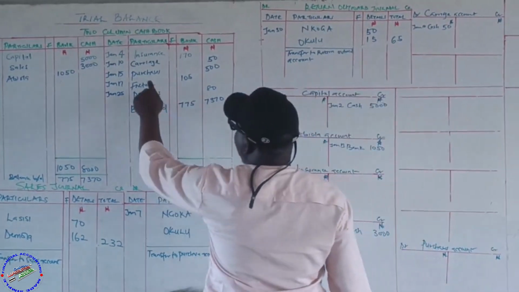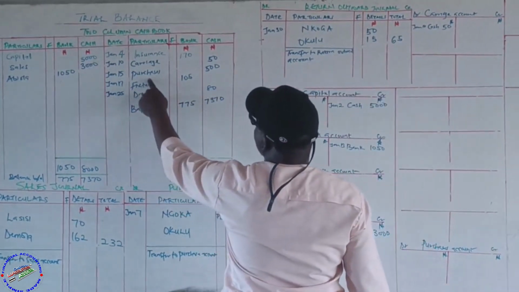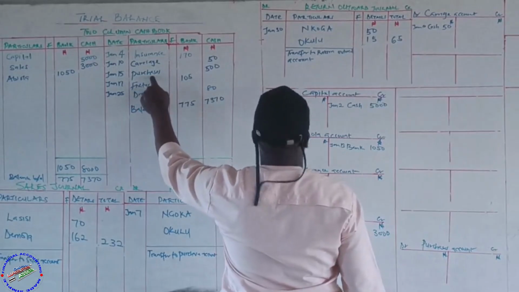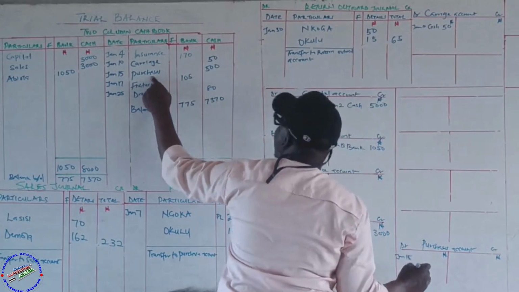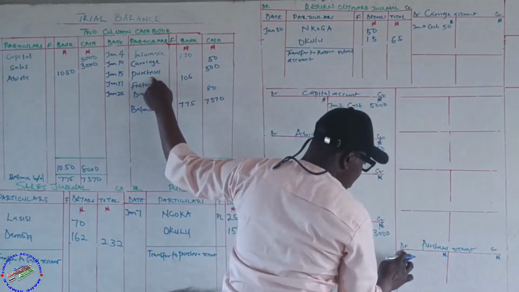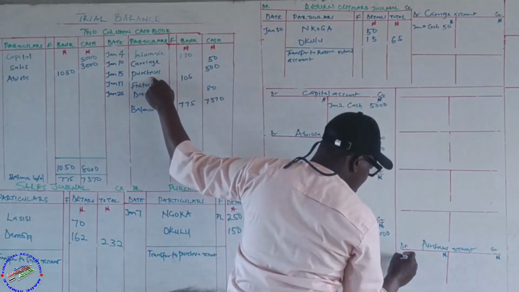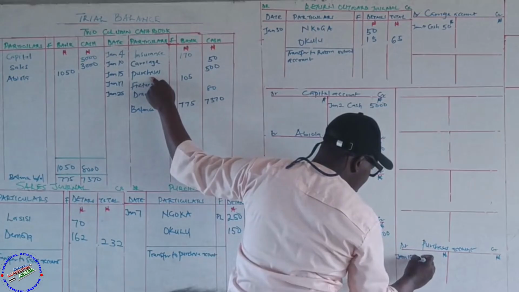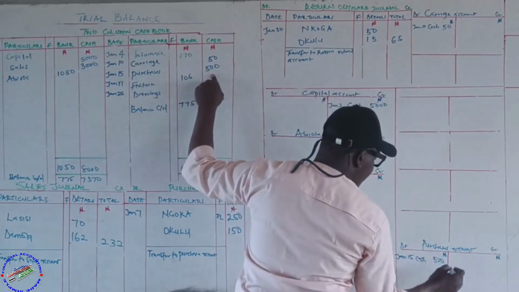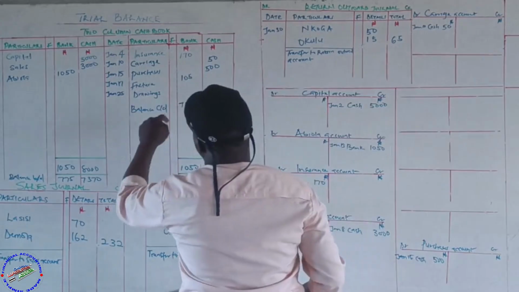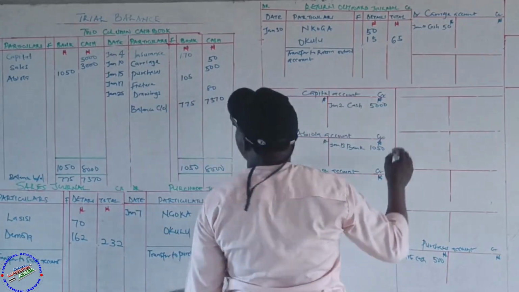So purchases is on the credit side in our cash book, so we are going to post it on the debit side. January 15, cash, because it's under cash. 500 naira.